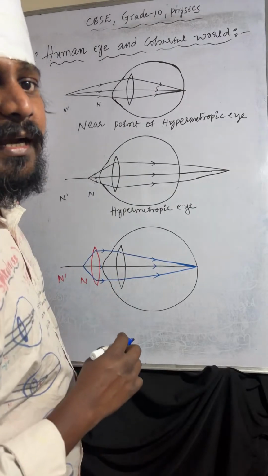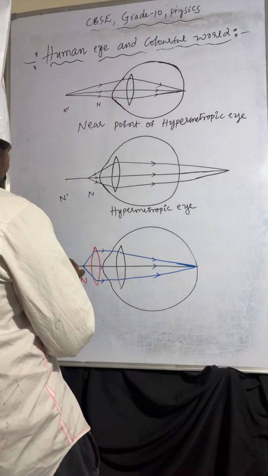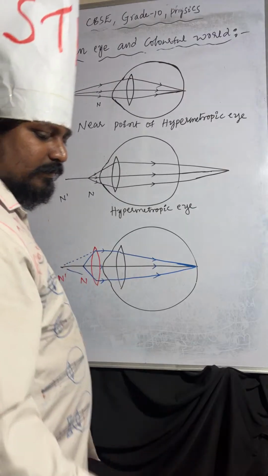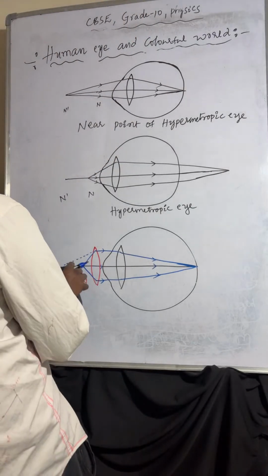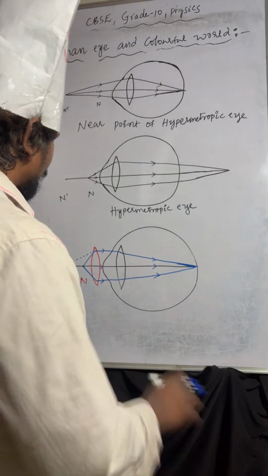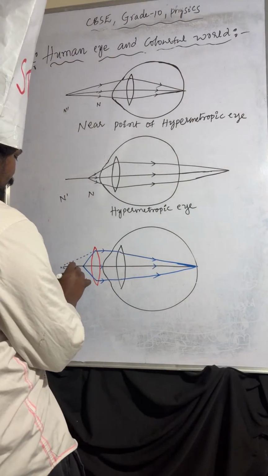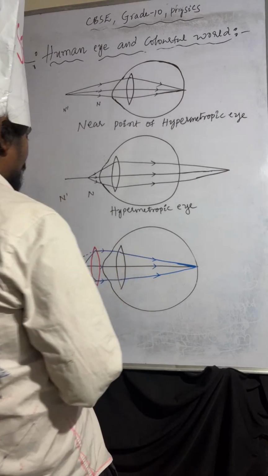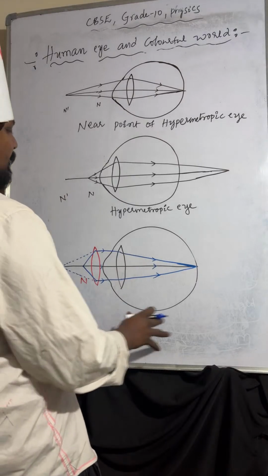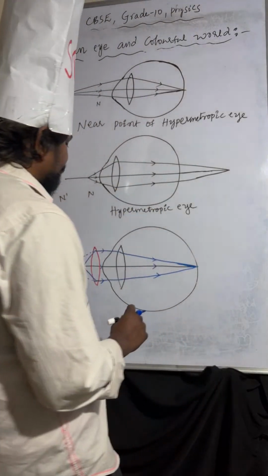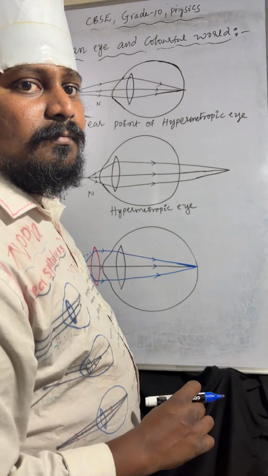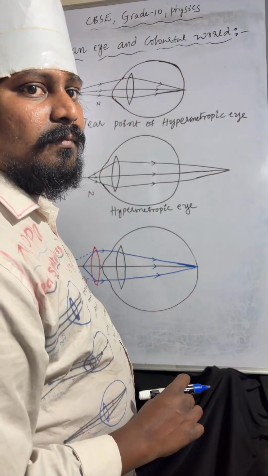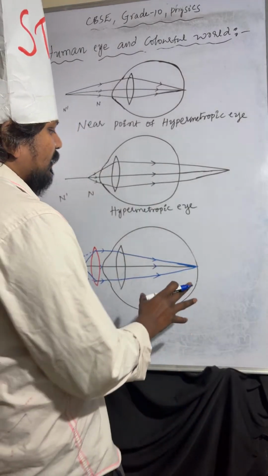So extended light rays, those are meeting at near point here and here also. Now what is this one?